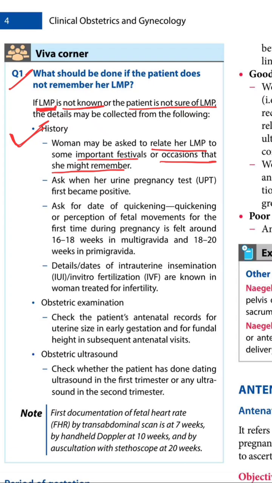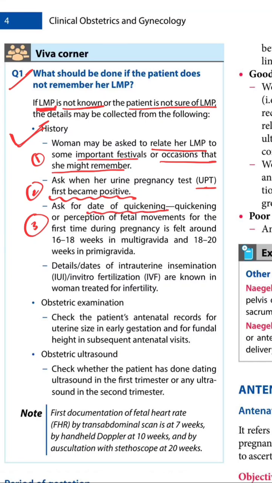Next, ask when her urine pregnancy test kit first became positive. That is one. And the third thing you will ask for is the date of quickening.